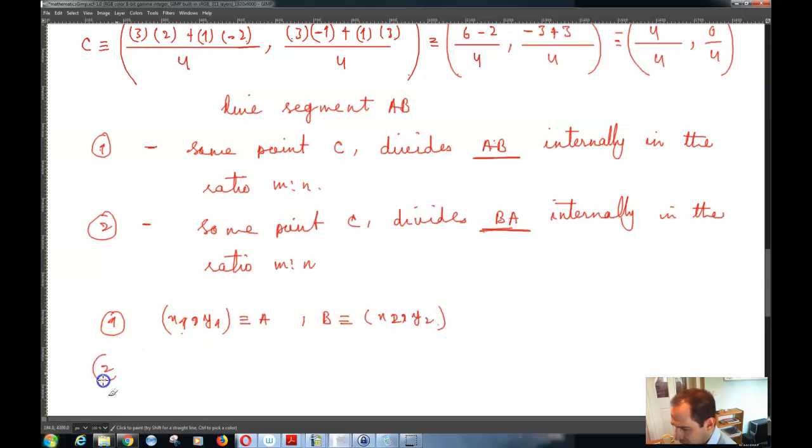In the other case, you have the opposite, meaning that you take your x1 comma y1 as B, and you take your A as x2 comma y2. So that's why I said these two cases are different.